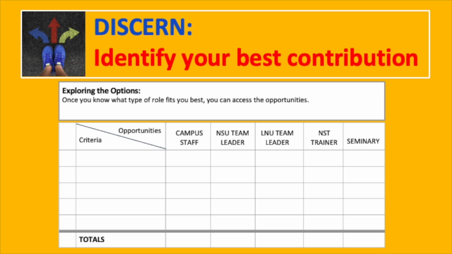So the next step is to list in the left column the criteria that you want to see met for any option. These criteria may be based on your job fit summary information above, as well as other issues that you may want to consider, like self-development, family needs, health considerations, life balance, things like that.